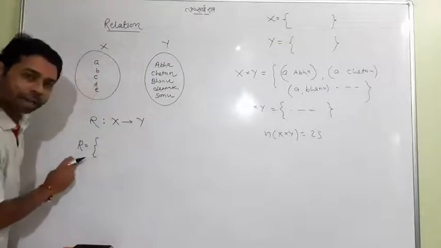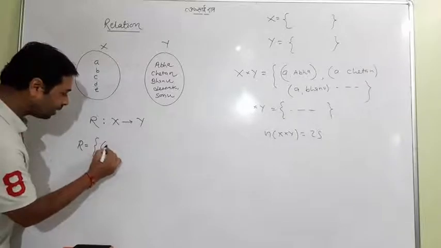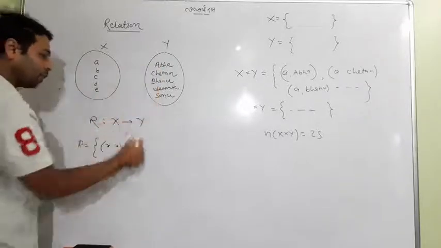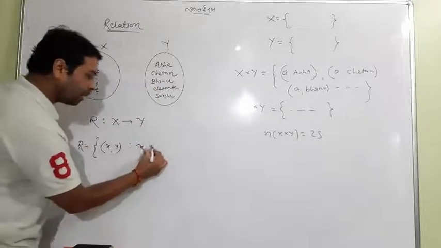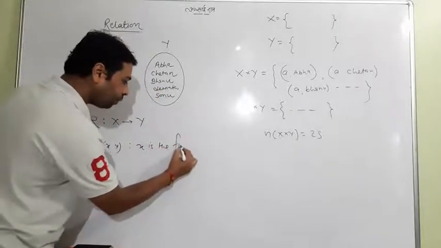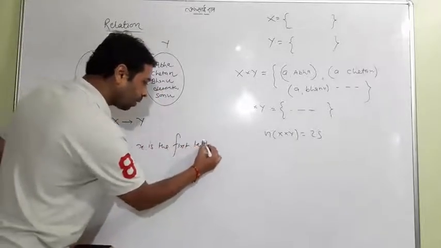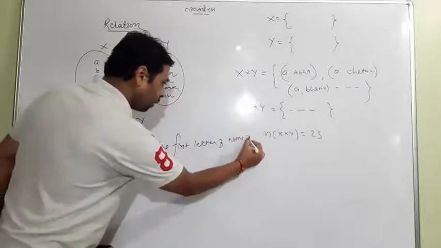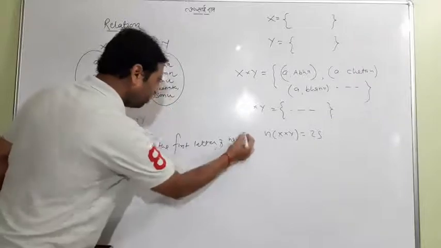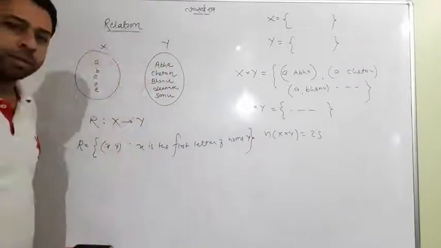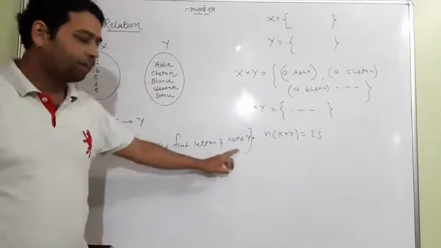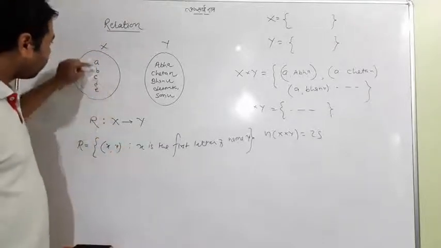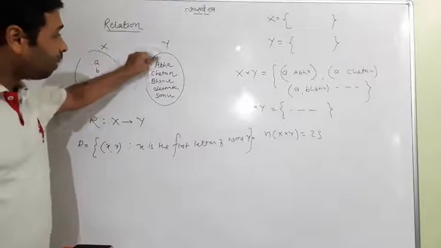Suppose this is X and this is Y, an element of X is x, an element of Y is y, such that x is the first letter of the name y. Now try to understand: x is the first letter of the name y.